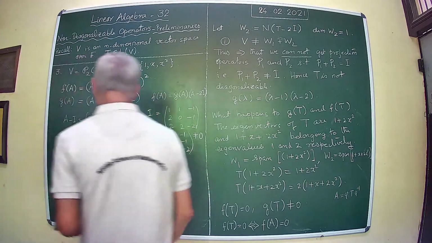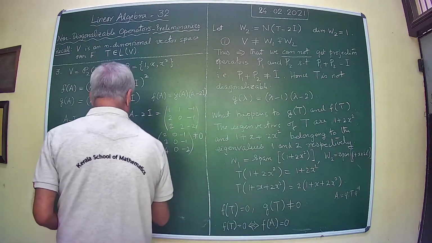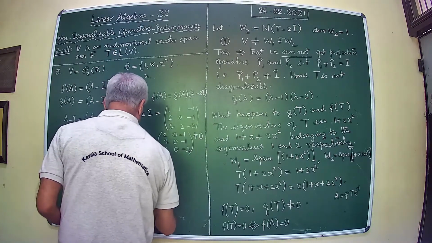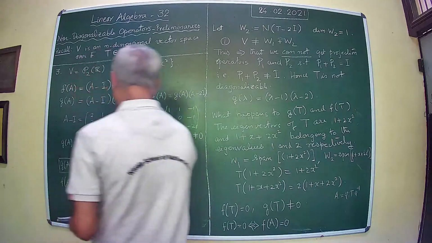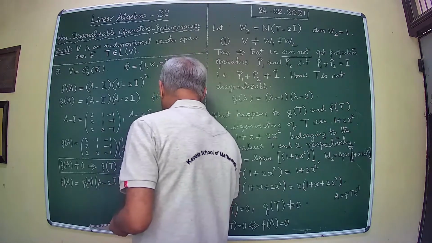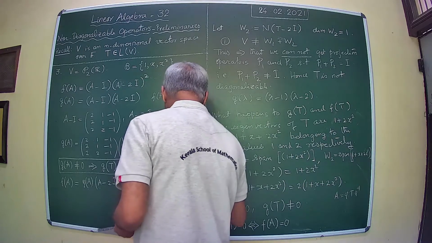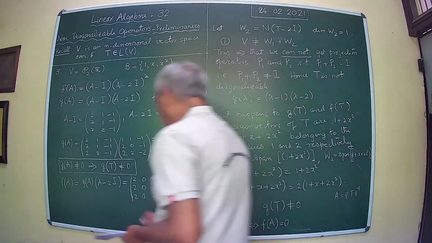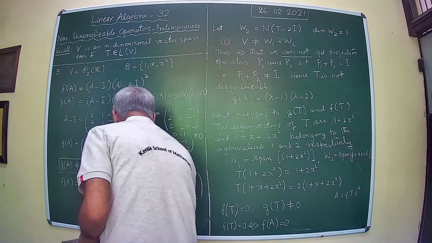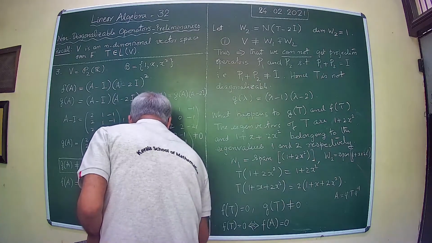This is g(A), you already know what it is, we have computed it, multiplied by A minus 2I. If you take the product, you will get the zero matrix.